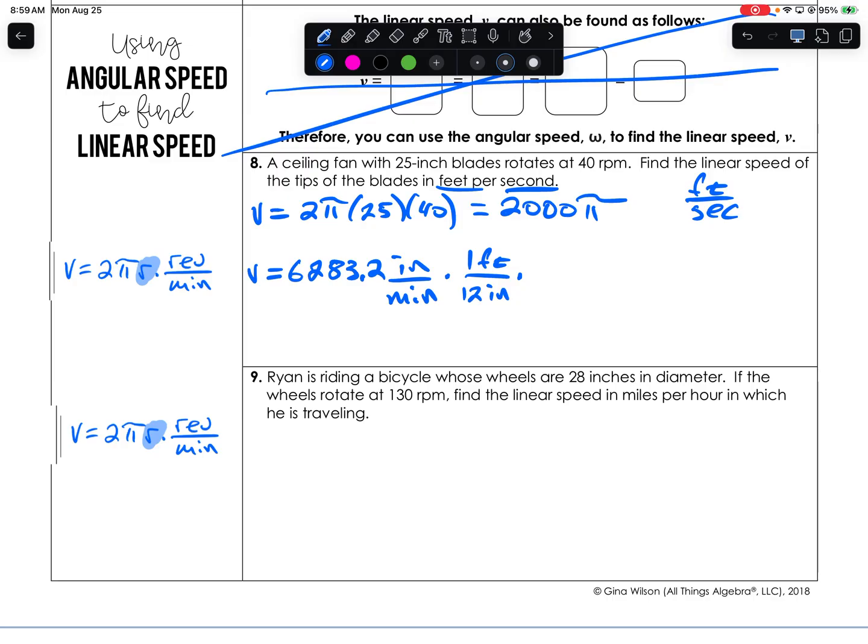So we've got feet on top. We're good on that. And then we're going to do minutes and seconds. Minutes up top. So 1 minute is 60 seconds. And then we just multiply all that stuff. We get 8.7 feet per second.